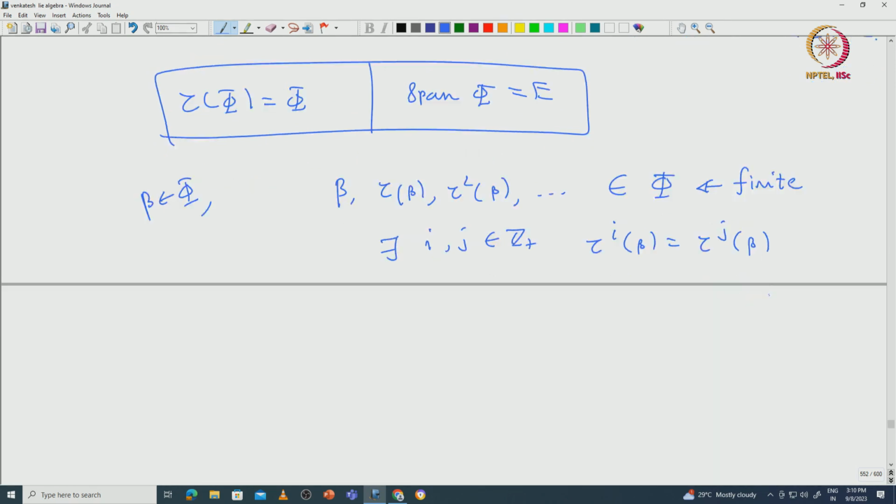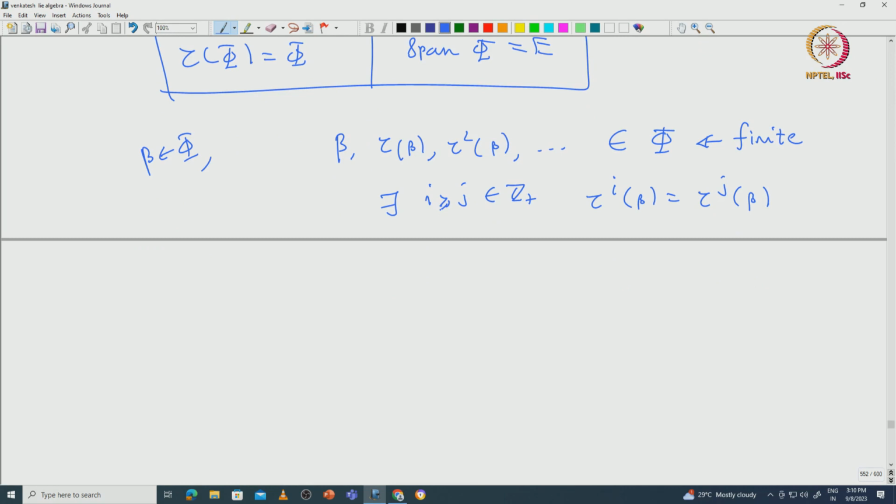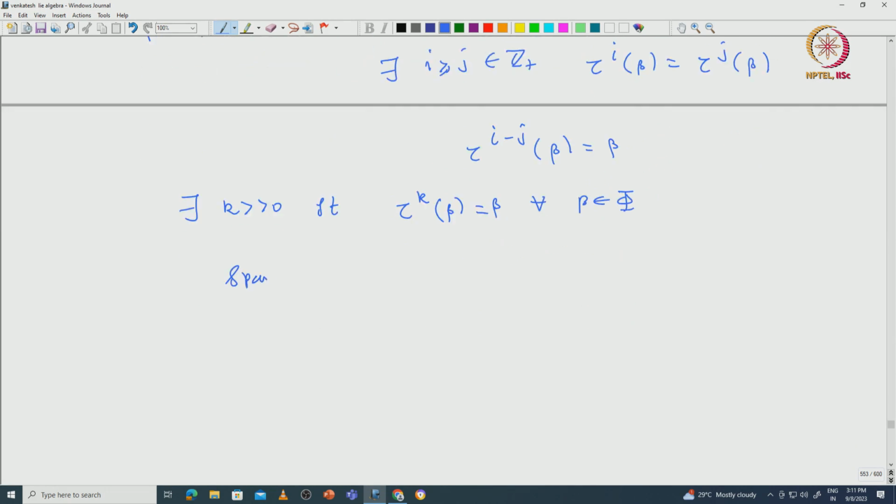So, then you can assume i greater than or equal to j. Then you can see that tau power i minus j beta must be equal to beta. And since phi is finite, this forces that there exists some large k such that tau power k beta is beta for all beta in phi. And since phi spans, so span of phi is equal to capital E. So, that forces that tau power k is identity on capital E.